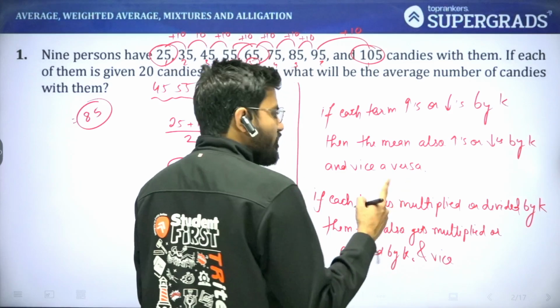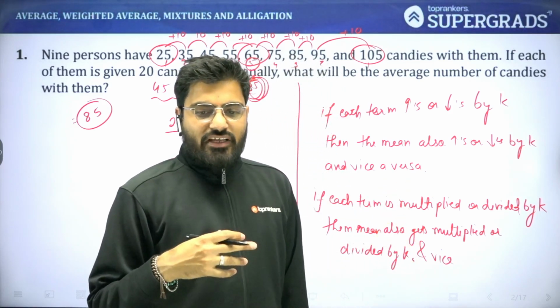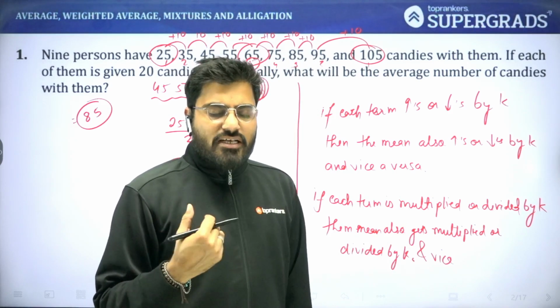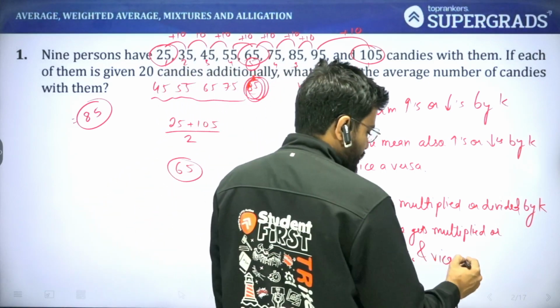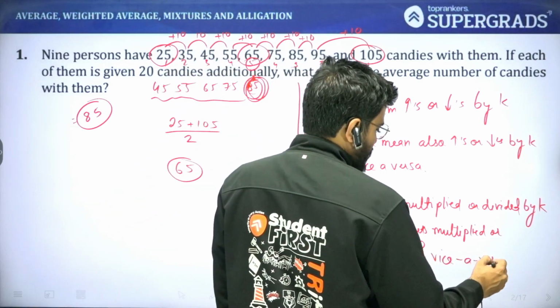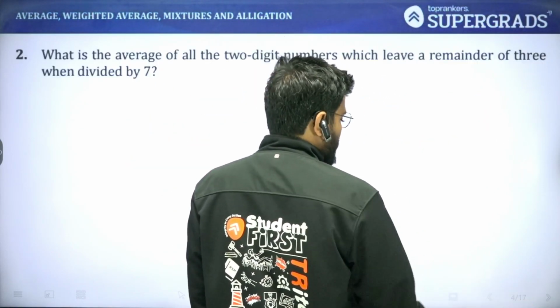So for any mathematical operation, if anything increases or decreases, if anything gets multiplied or divided, the mean also gets changed by the same factor. And with this, let's proceed to the next part.